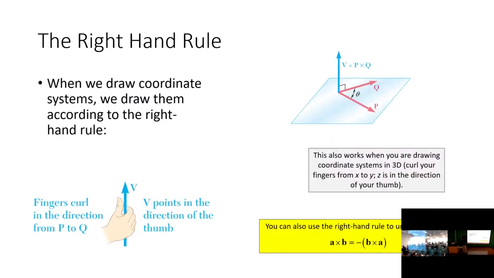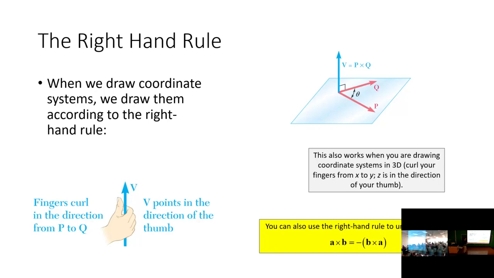Like I said, one of the things that we are going to lose with cross products is the concept of commutativity. Let's get into how we actually go about defining our directions. The cross product will be normal to that plane. The way that we define that direction is we use what's called the right-hand rule.